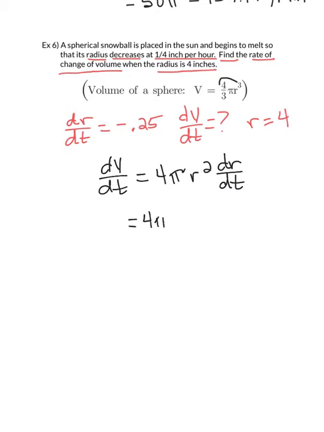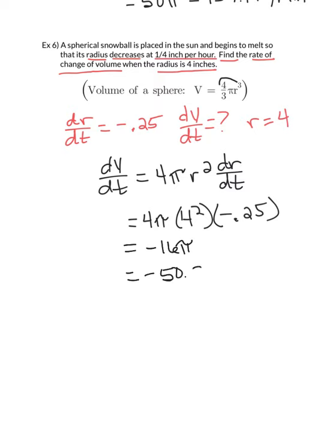So we're going to have 4 pi times 4 squared times negative 0.25. Do that calculation, you get negative 16 pi, which is negative 50.3. Inches is how we were measuring our size, per time was hour. Again, this was volume, so it needs to be cubed. It was how volume is changing.